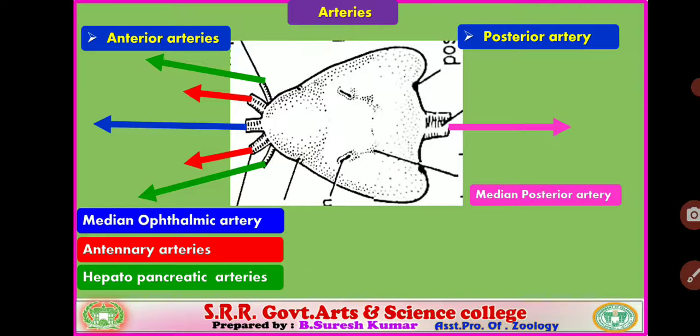This is median posterior artery, followed. So totally 5 plus 1, 6 major arteries that are associated with the vascular system, right?